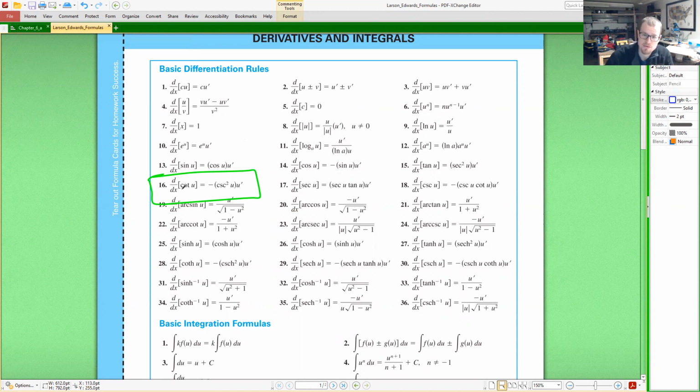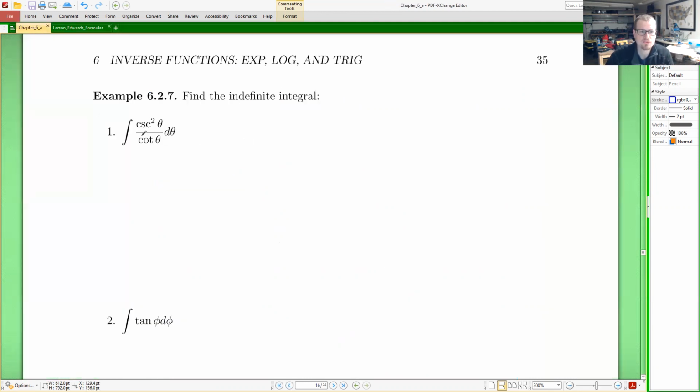So we want to remember that the derivative of cotangent is the negative of cosecant squared. So when we see a function and its derivative in the numerator, we have exactly the natural log. In this case, maybe a slight variation because the derivative of cotangent is negative cosecant squared.